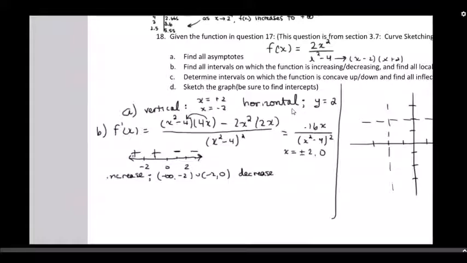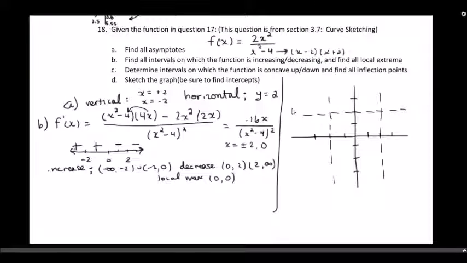It's decreasing similarly from 0 to 2 and from 2 to infinity, and there turns out to be a local maximum right here. There's a local max at the point 0, and if you plug 0 into the original function, it would turn out to be 0. So there's a local max at the point (0, 0) right here.